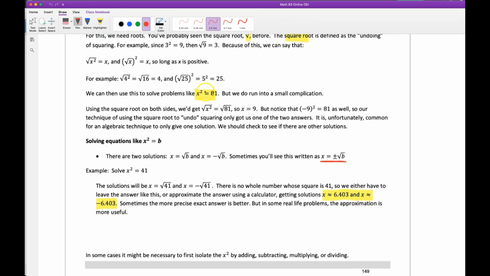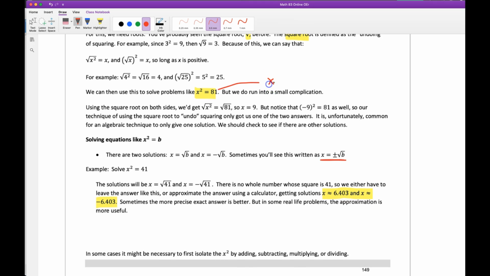Well, when you're first introduced to a problem like that, you're asking yourself, what times what equals 81? So mentally, you can just figure that out. That's 9 times 9. But algebraically, you take the square root of both sides, and then the square root of 81, what multiplied with itself equals 81, equals 9.